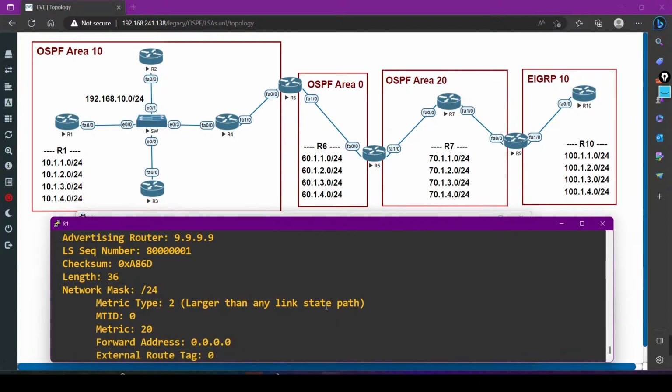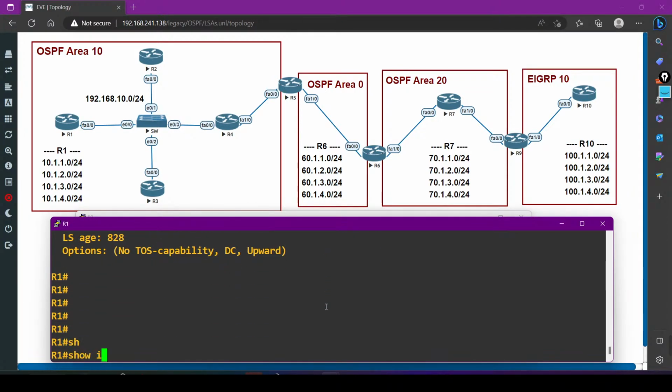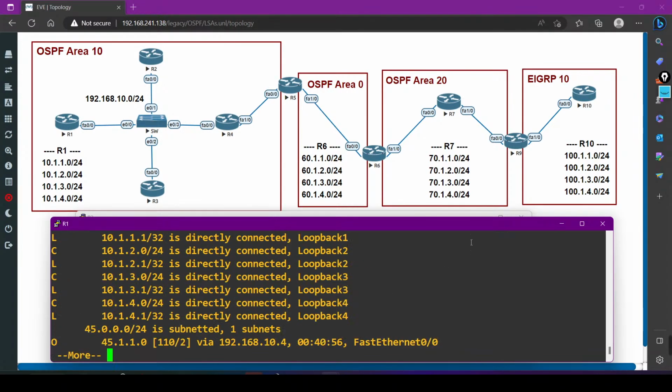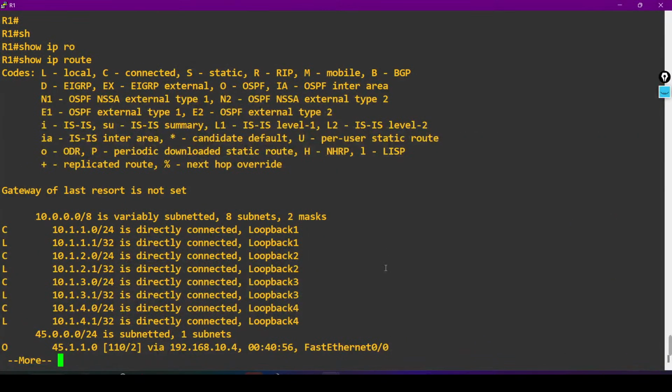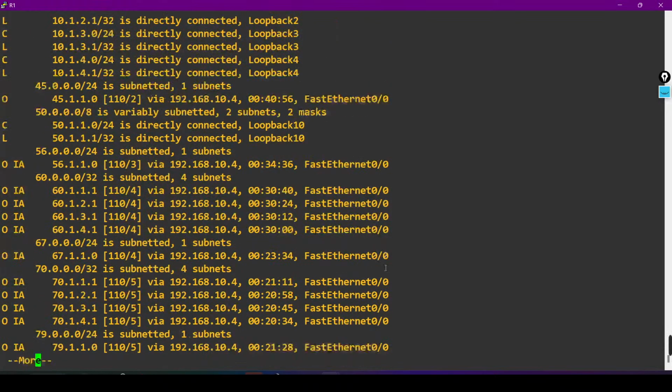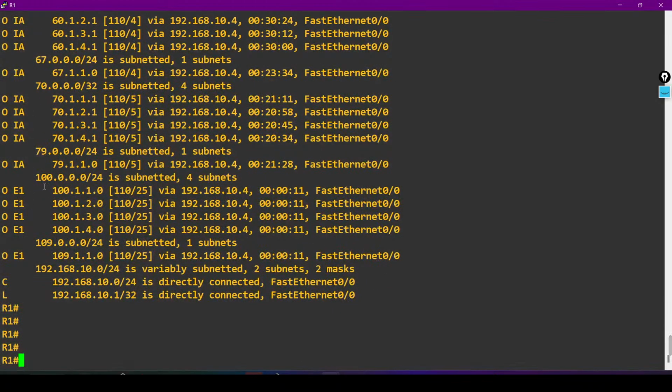Now on router number 1, if you check the routing table, show IP route, you can see it will receive all external prefixes with E1. Are you able to see E1? And what is the total cost now? The cost is 25. That means how has router 1 calculated 25? 20 plus 5. Yes or no? Cost till the ASBR and then ASBR to the destination.